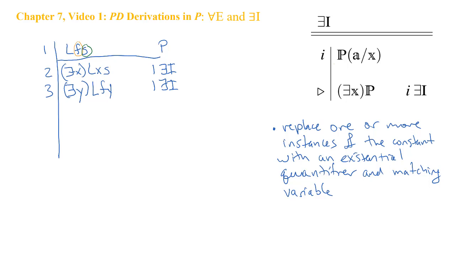So it would be incorrect to try to replace both of those constants in the same existential introduction. That is, this is a mistake. Someone loves himself should not follow from line 1 that Fred loves Susie. So the idea that that would be existential introduction is a mistake. A mistake I'm sure you will not make once you have some practice with these rules.